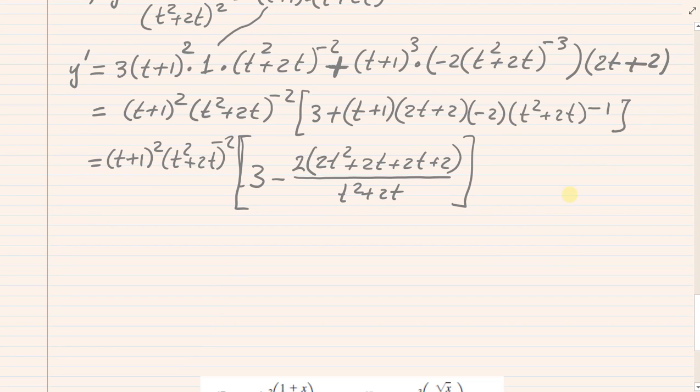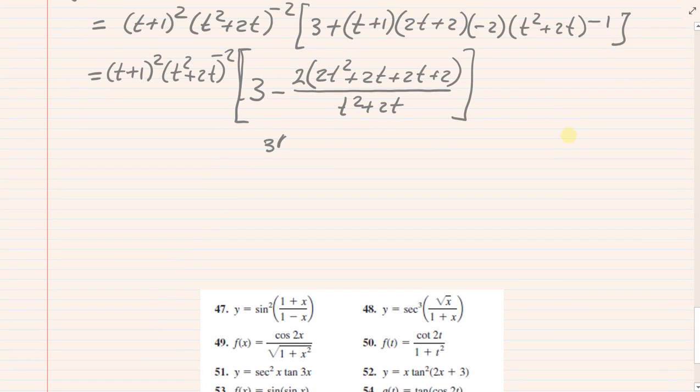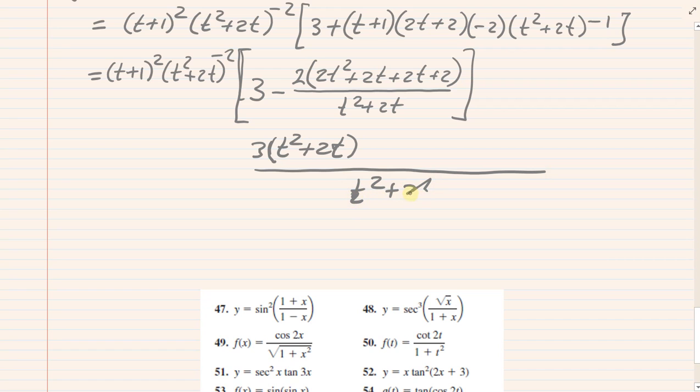Now again, I can get the LCD. The LCD is t squared plus 2t, so that's 3 times (t squared plus 2t) over t squared plus 2t, and negative, distribute 2 and combine like terms, so I get negative 4t squared.